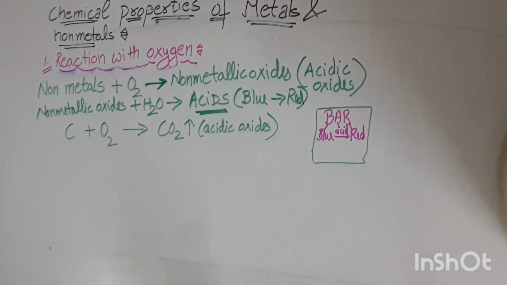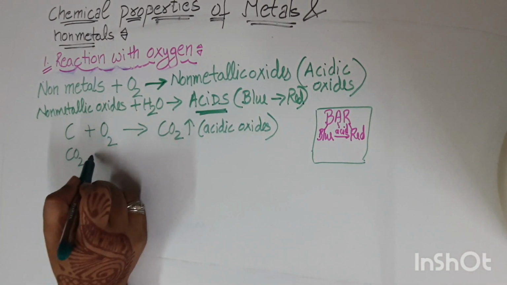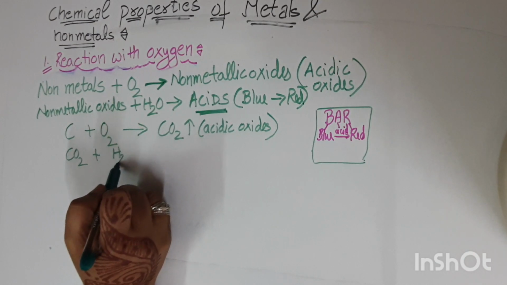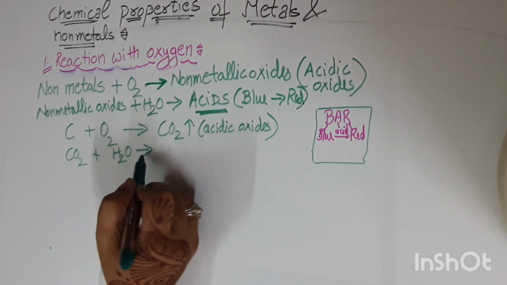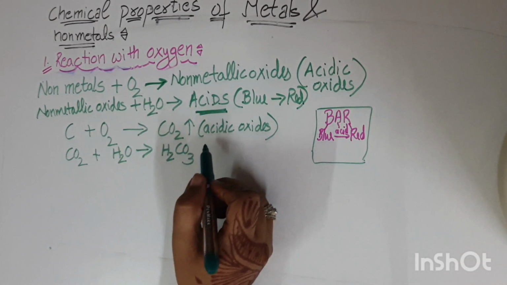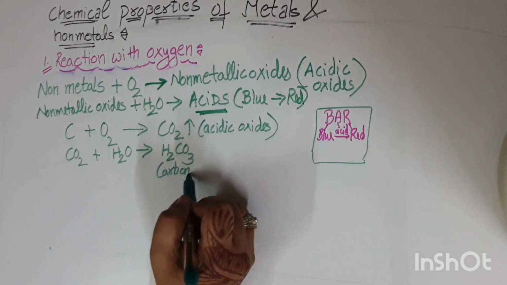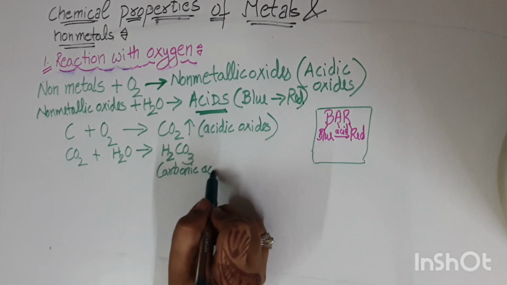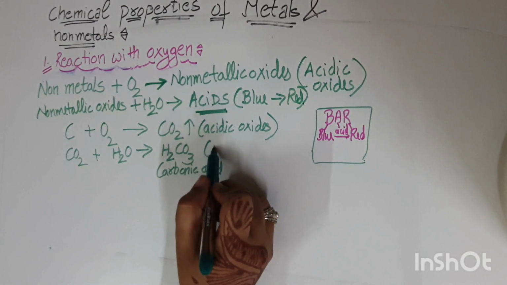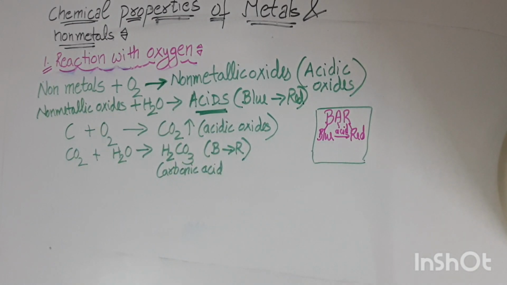In the gas jar, when the charcoal has burnt, cover the gas jar with a glass plate, put some water into it, and then shake it. When carbon dioxide dissolves in the water, it forms carbonic acid, which is present in your aerated drinks also. This acid is the carbonic acid, and this will also turn blue litmus to red. So this is one example.